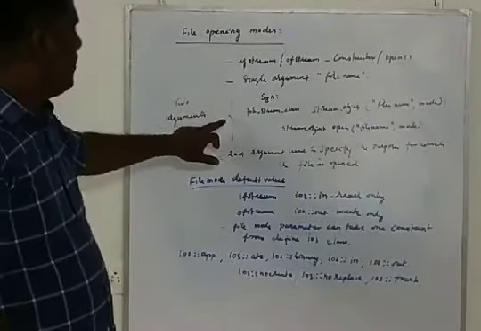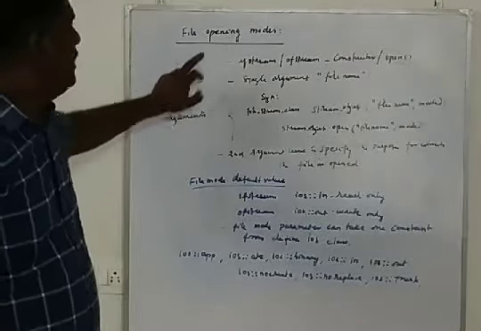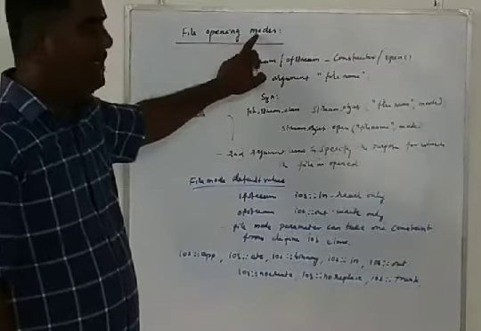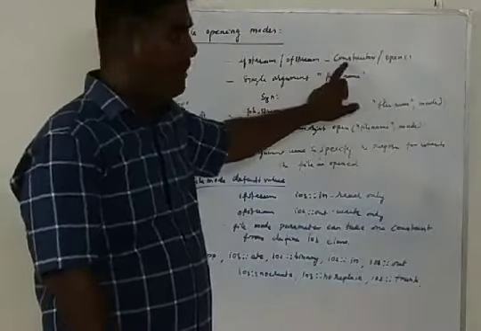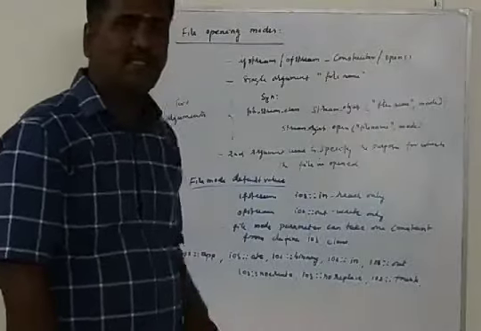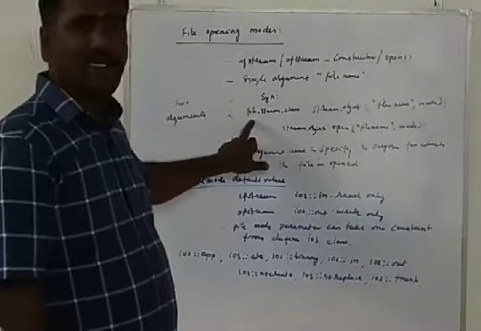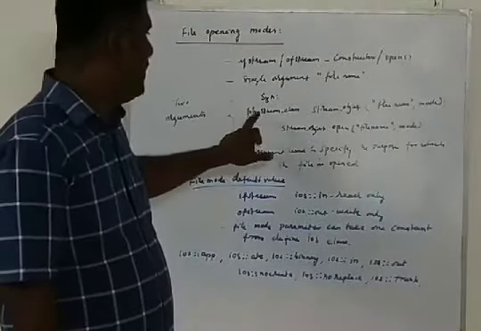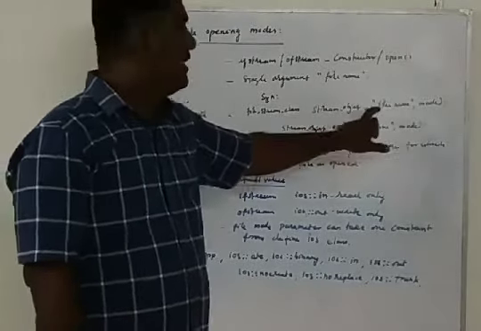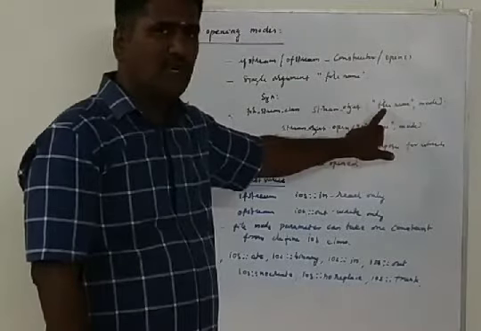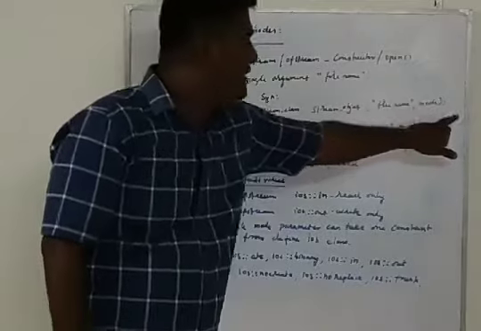So the syntax for using two arguments, opening the file with the constructor and with the member function. Syntax of the constructor: file stream class, stream object, in double quotes the first argument, the file name, comma, mode, semicolon.